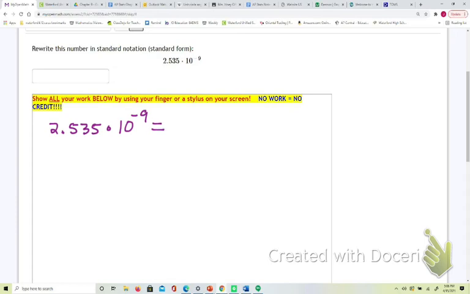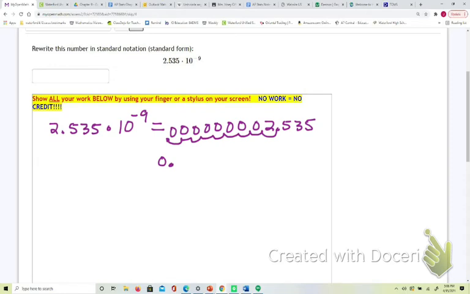So I'm going to put my equals, but I'm going to go all the way over to the right and put my 2.535. And then I'm going to move that decimal 9 times to the left. 1, 2, 3, 4, 5, 6, 7, 8, 9. Put all of your zeros in the empty waves.